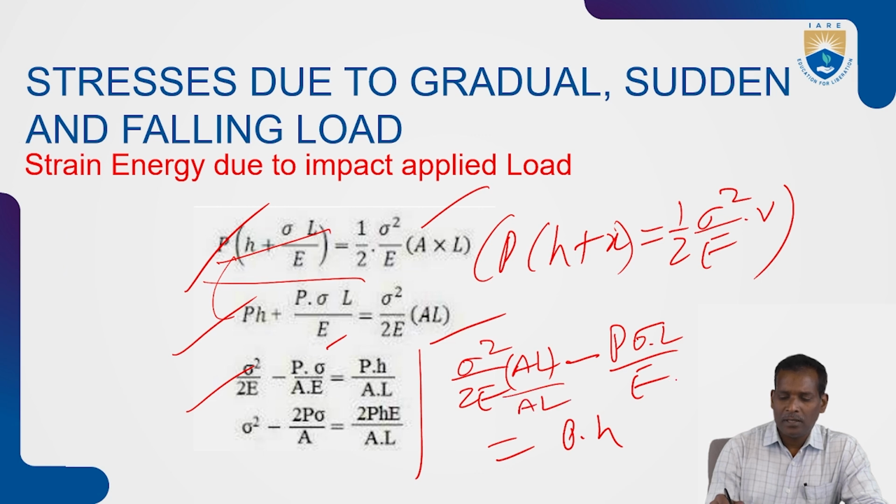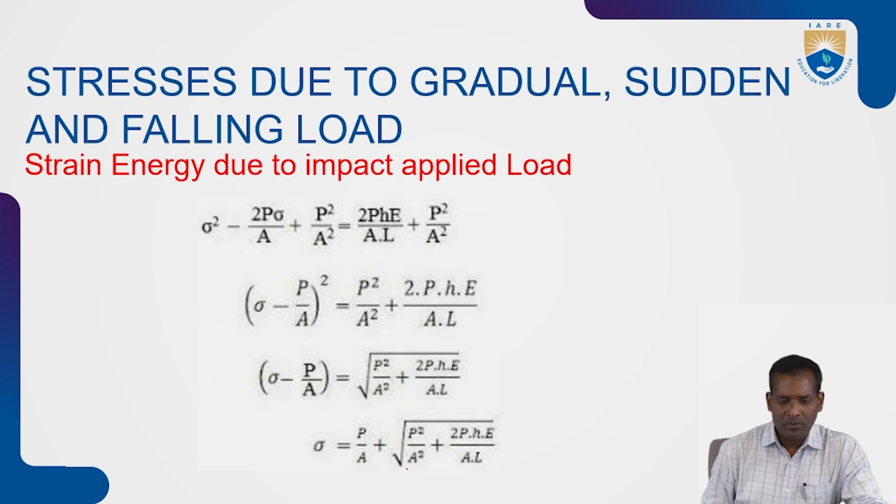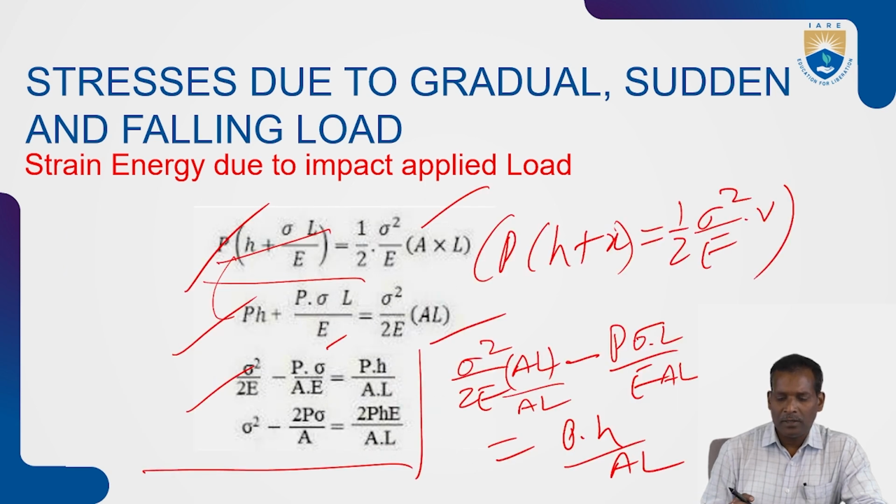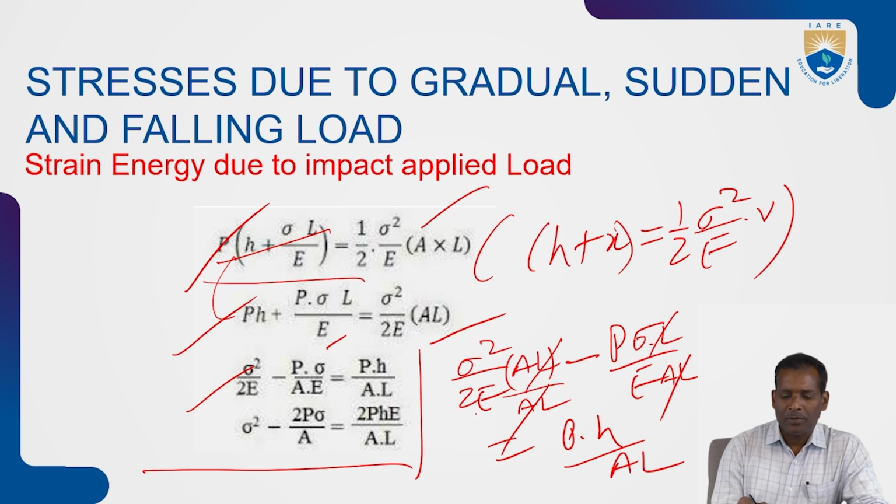So here AL, AL and AL. What will happen here? Sigma square by 2AL, AL get cancelled. Here LL get cancelled. Sigma square by 2E minus P sigma by AE is equal to PH by AL.